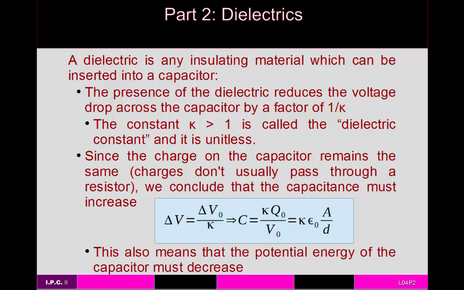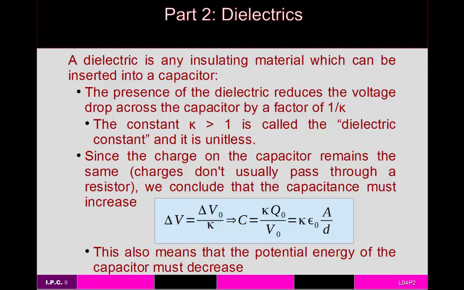Now when this happens, and assuming that the capacitor is not hooked up to a battery or other power supply that could supply it with additional charges, the charge on the capacitor has to remain constant. So the charge on the capacitor stays constant.